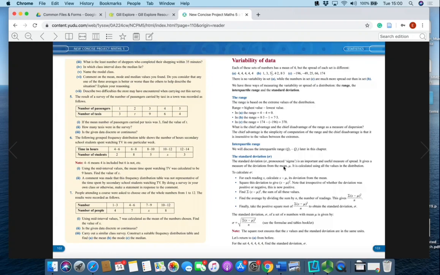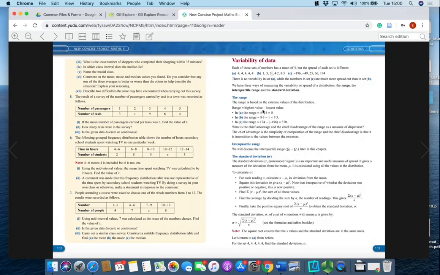This is called sigma, another Greek letter, and it is the most important and useful measure of spread, and it's an awful lot of what inferential statistics is based on. It gives a measure of the deviations from the mean, and is calculated using all the values in the distribution. If you think of the range, it just uses the max value and the min value.